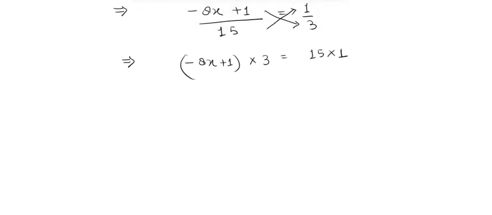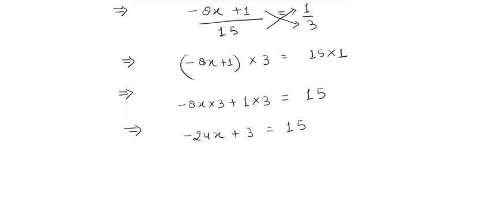Now distribute 3 in this term. So minus 8x multiply 3 plus 1 multiply 3 is equal to 15 multiply 1, which is 15. So here 8 times 3 is 24: minus 24x plus 3 is equal to 15.